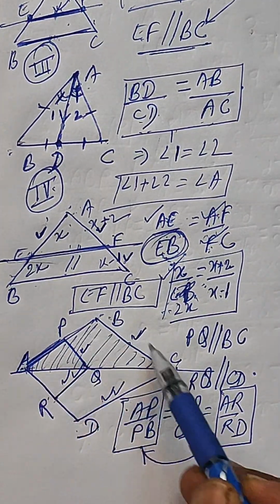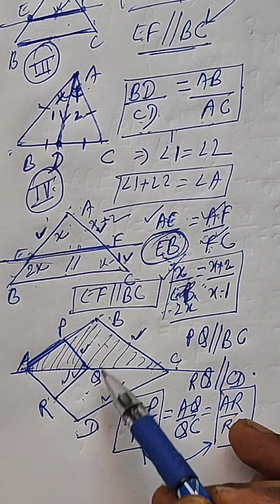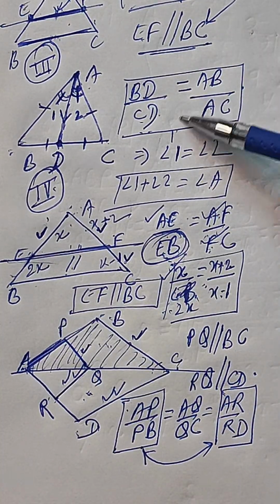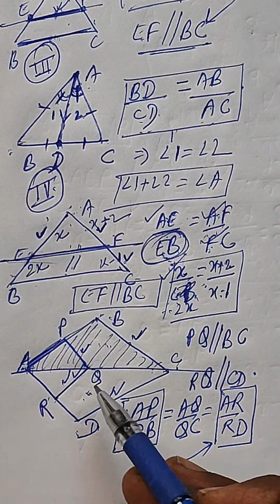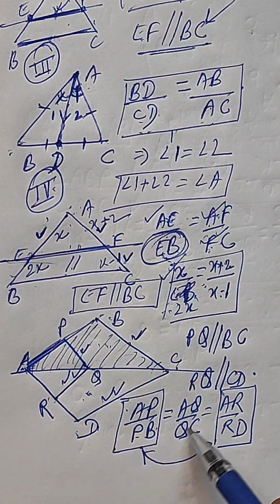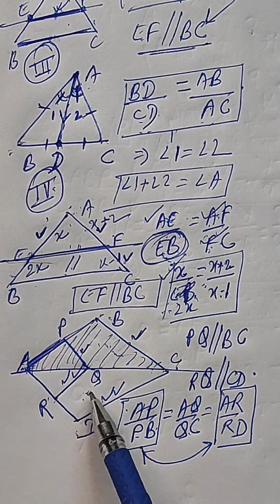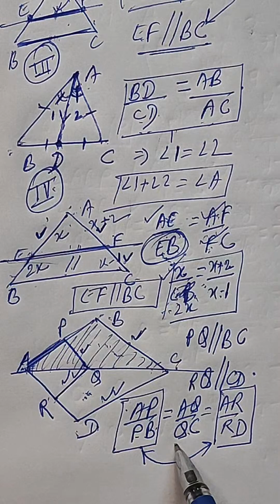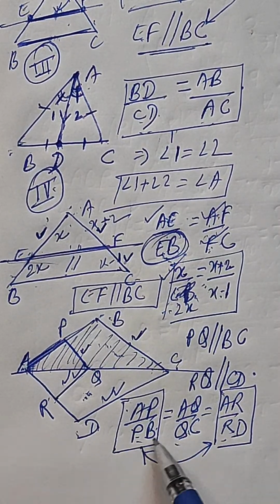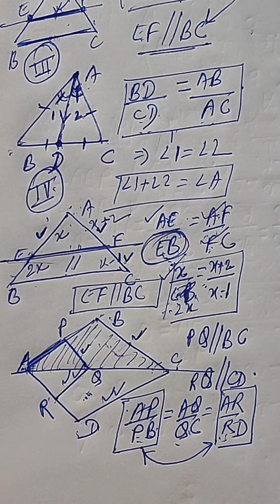First the triangle ABC, then ADC, then you need to correlate the things using the basic proportionality theorem. We have seen the ratios are the same. For this triangle, AP by PB is equal to AQ by QC, and similarly from the second triangle we can write this one. So if A equals B and B equals C, then A is equal to C. Such things can be shown and proved.